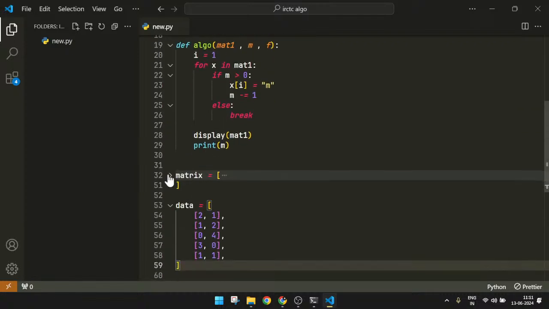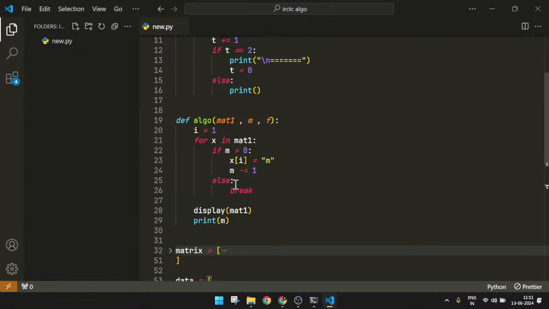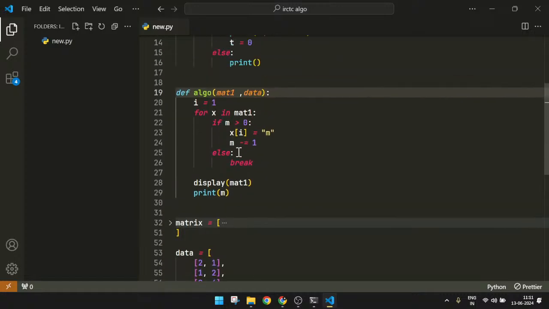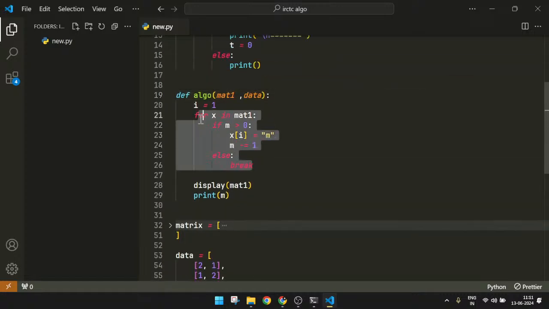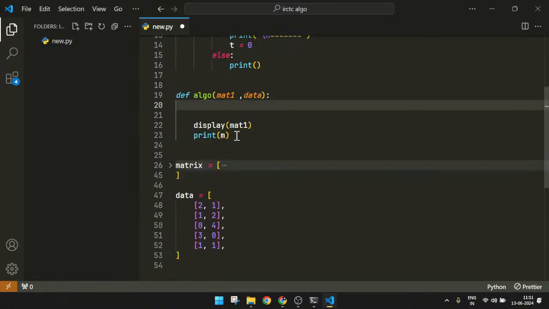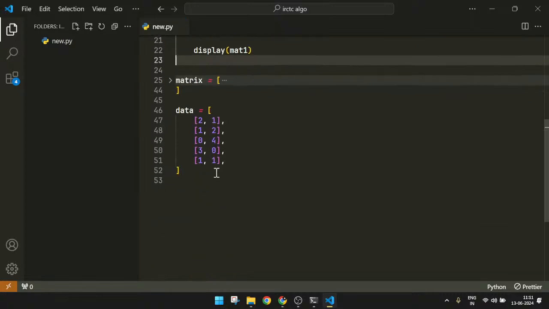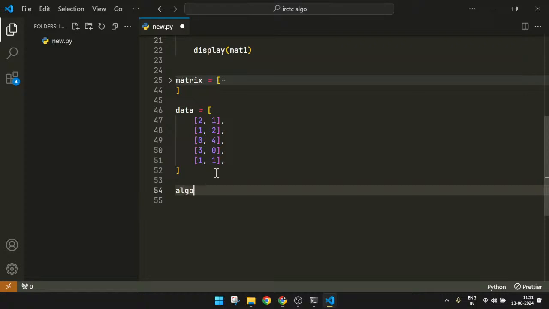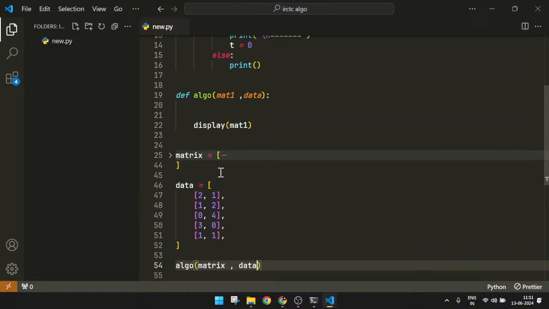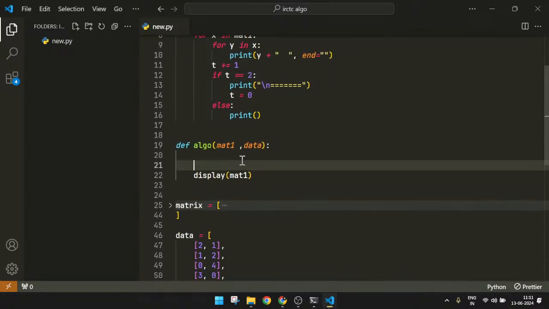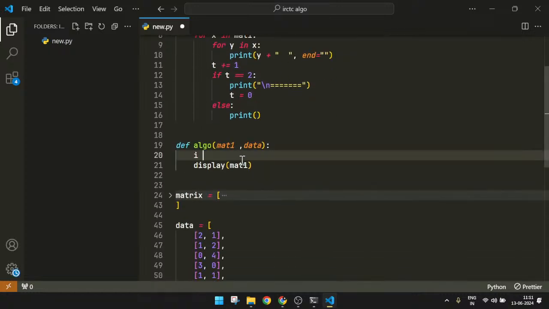Okay. If I have this now, I will just have to change this. I'll have an index which will store 0 or 1.